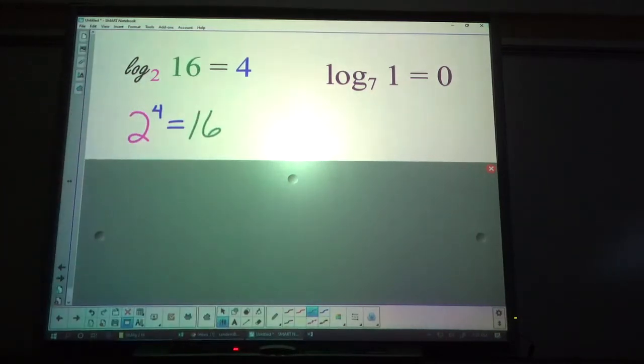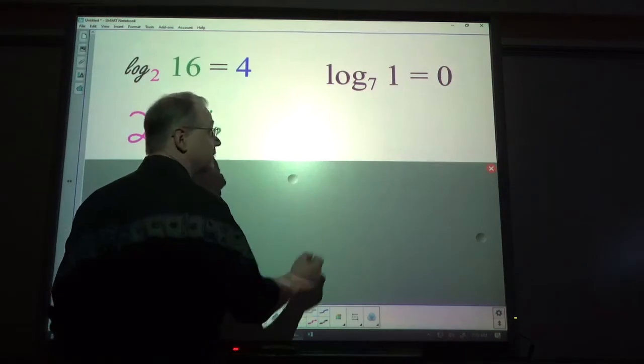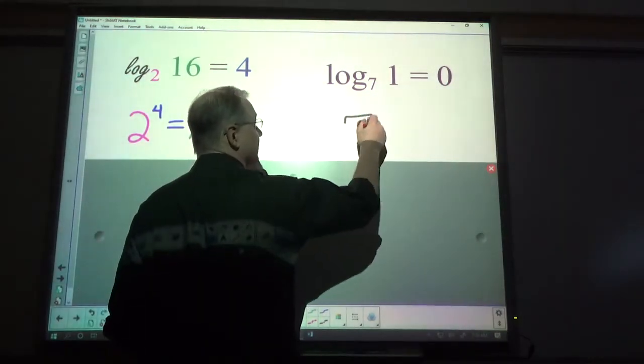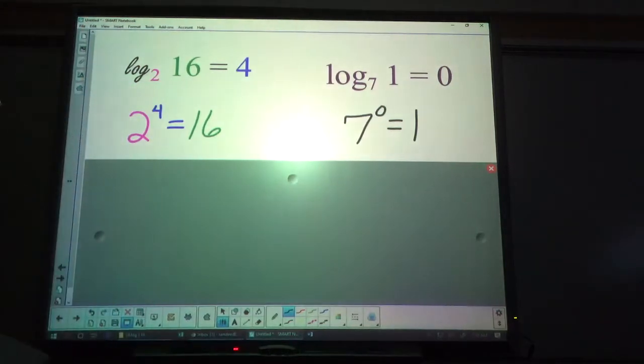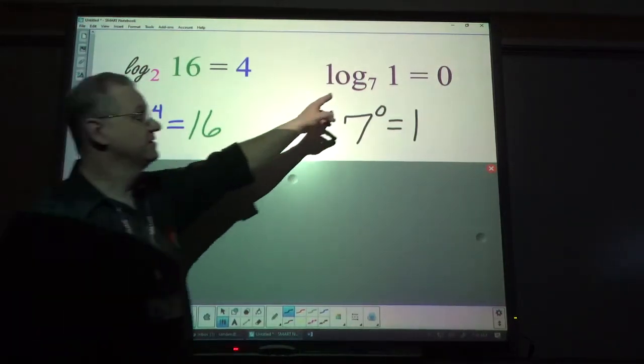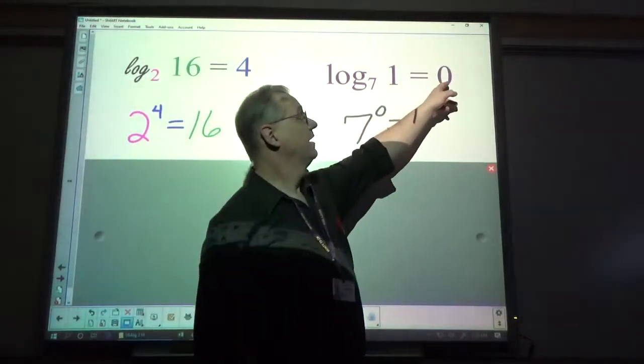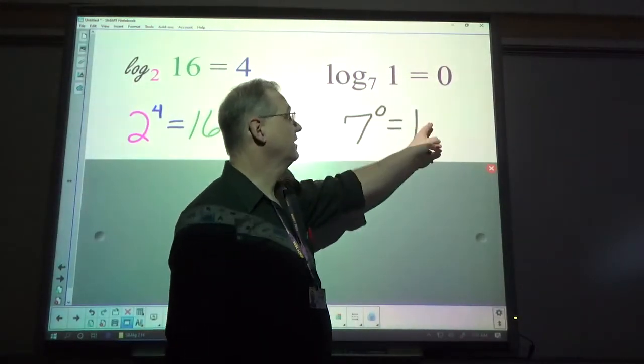That's what that means. Try that one. 7 to the 0 equals 1. There it is. Base 7, exponent, what it equals.